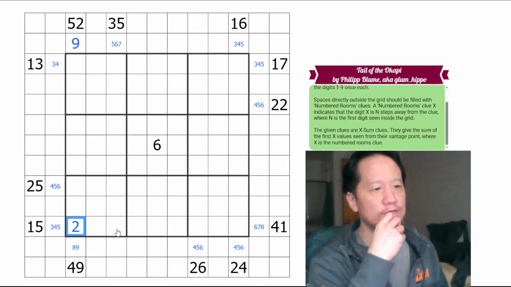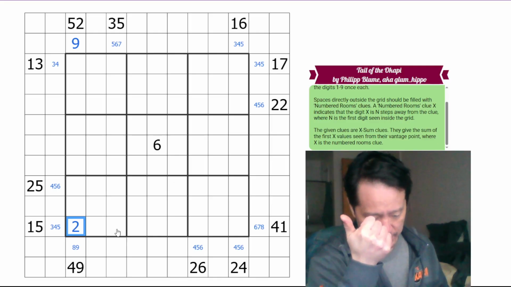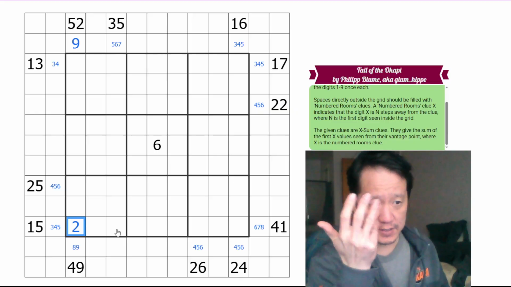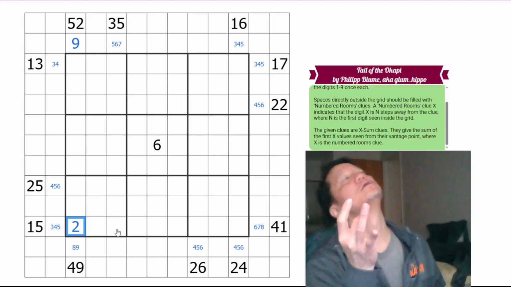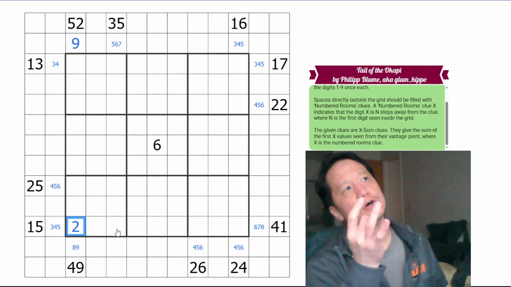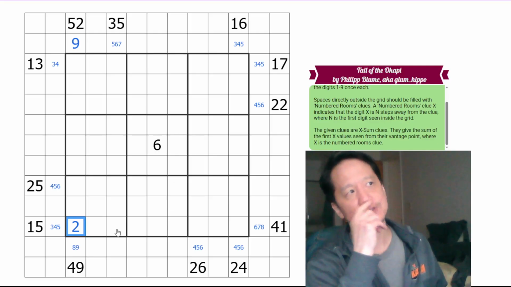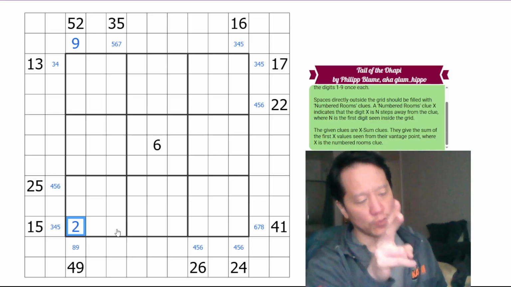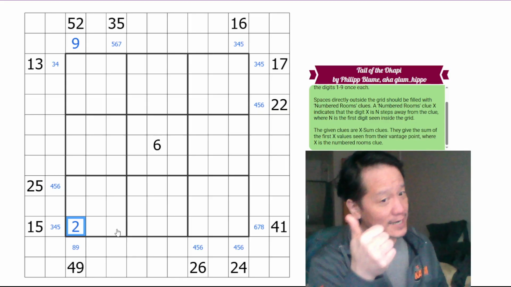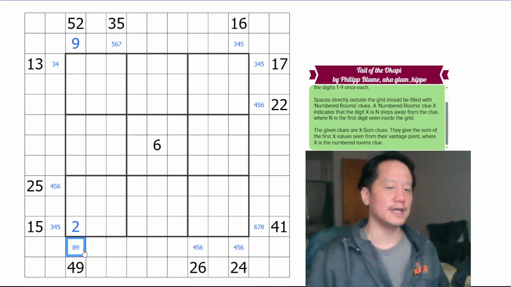You have guaranteed 2. So the maximum you have is 2, 4, 5, 6, 7, 8, 9 with another 8. So 4 through 9 is 39. Plus 2 is 41. Plus another 8 is 49. So this could be 8 or 9 here.